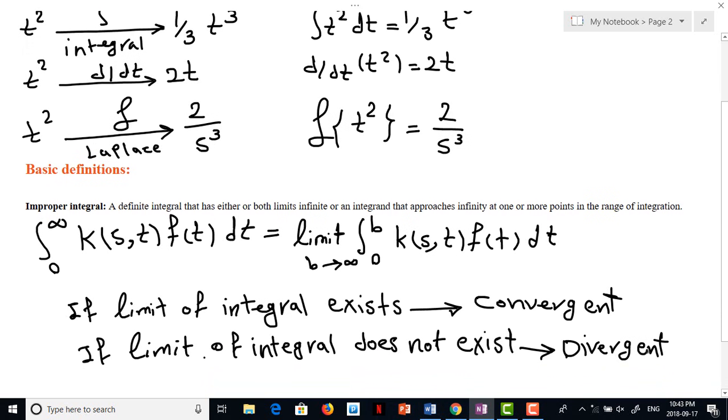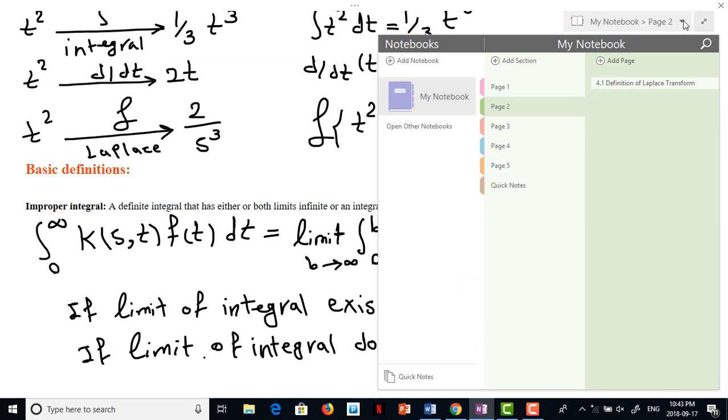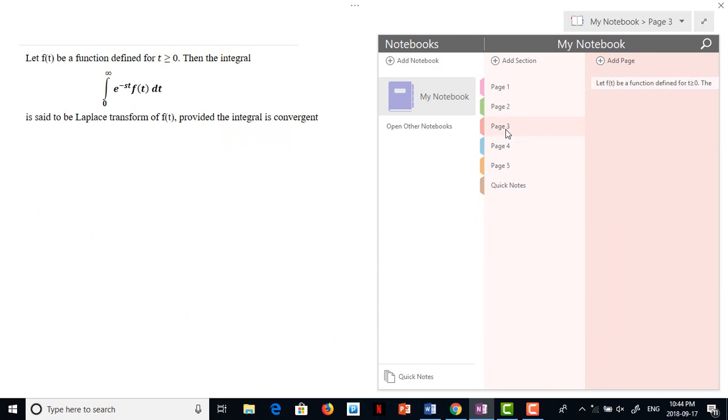Okay, so for defining the Laplace transform of a function, we need one improper integral which is convergent. So now we can see how we can define a Laplace transform using these two definitions.